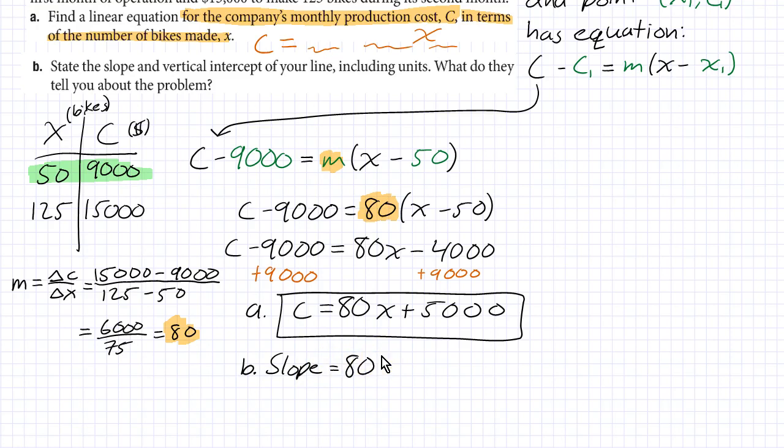Well, we got it by doing a change in dollars over a change in bikes, since the 125 and the 50 are bikes. So the slope is $80 per bike. And what that means is that is the rate that the total production cost increases when you build one more bike.